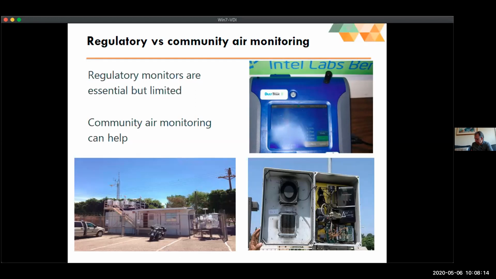On the right, there are several examples of air sensors and monitors that can be used in community air monitoring projects. And the lower right is an example of one of the boxes for the monitors that have been used in Imperial County for the air monitoring project that Paul mentioned. Next slide.